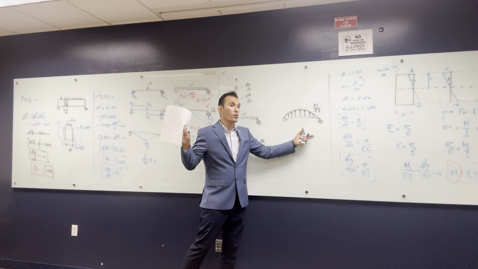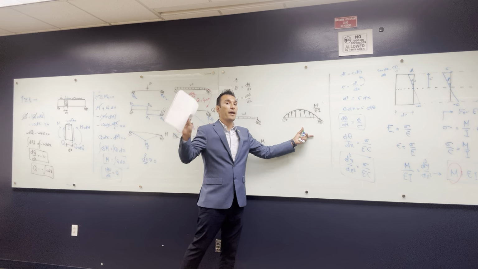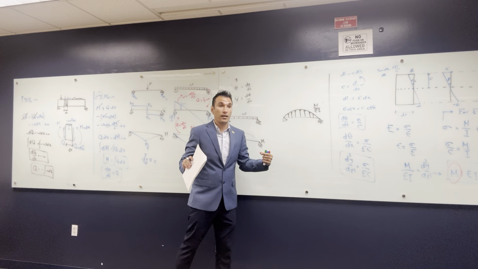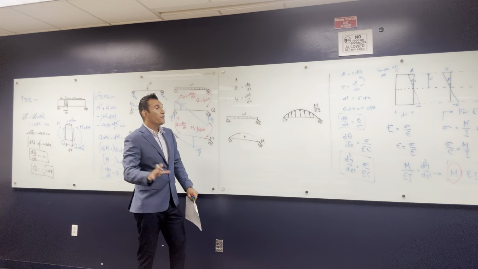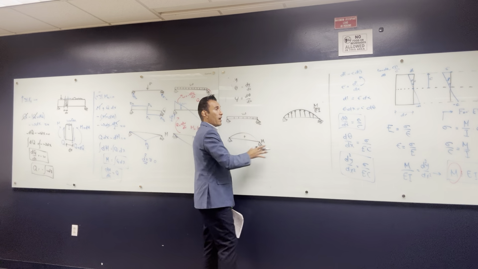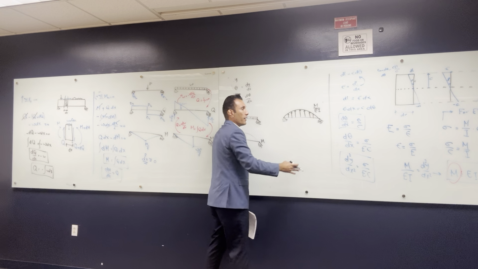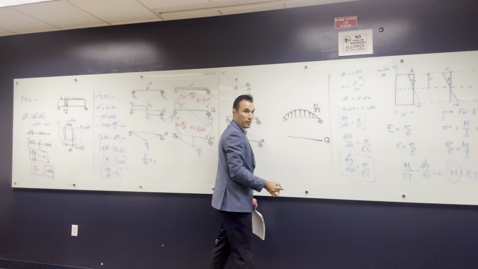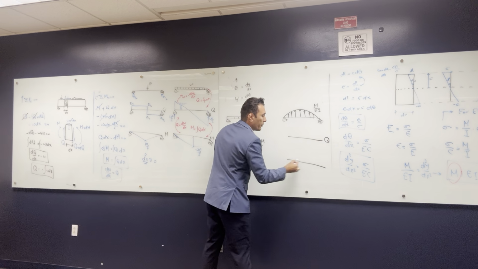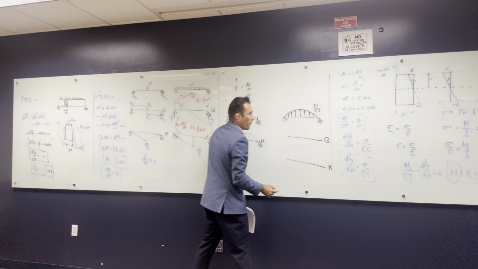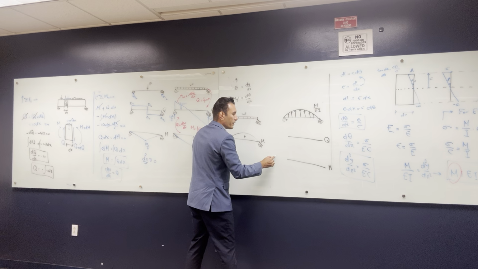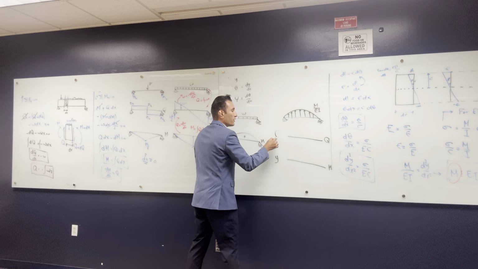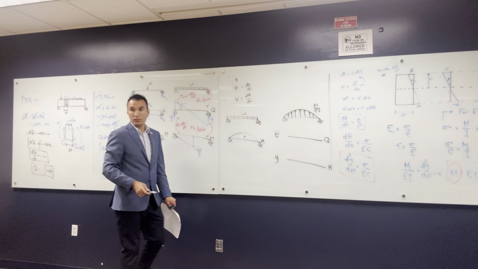That's not the real load on the beam, but this is a manipulation so that I can get the deflection. If you know the bending moment on a beam and you put it as a load over EI, and you draw the shear force diagram and the bending moment diagram of this beam, then this bending moment diagram is the deflection and this shear is the slope. Do you guys understand this?